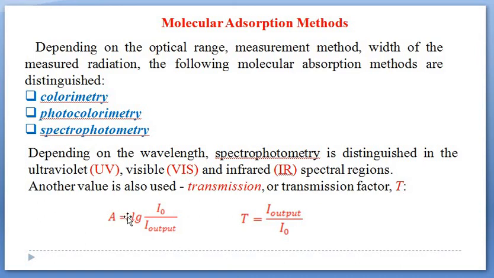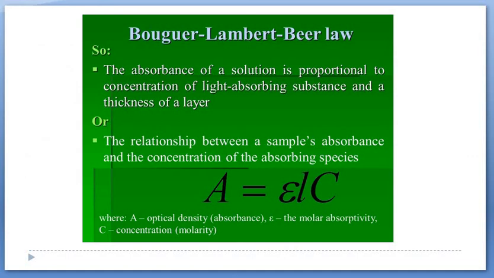The equation takes this form: A equals the logarithm of I0 divided by I output, and for the transmission factor, vice versa, I output divided by I0. Bouguer-Lambert-Beer law: the absorbance of the solution is proportional to the concentration of the light-absorbing substance and the thickness of the layer, or the relationship between the sample's absorbance and the concentration of the absorbing species.